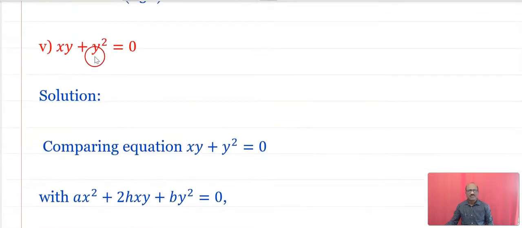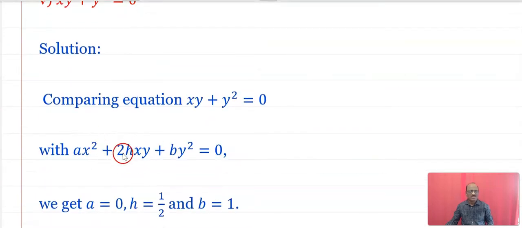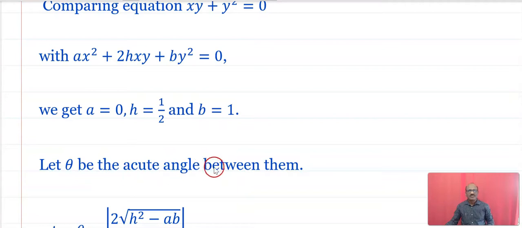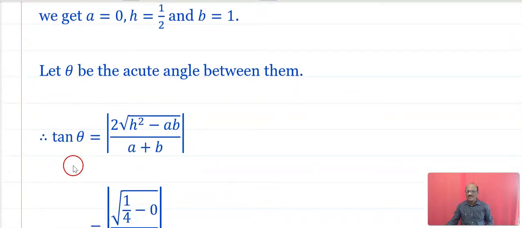Next is xy plus y square is equal to 0. Comparing xy plus y square with ax square plus 2hxy plus by square is equal to 0. Here a is equal to 0, h is equal to 1 upon 2, b is equal to 1. Let theta be the acute angle between them. Tan theta is equal to mod of 2 into root of h square minus ab upon a plus b.